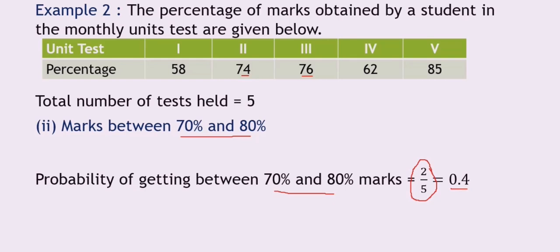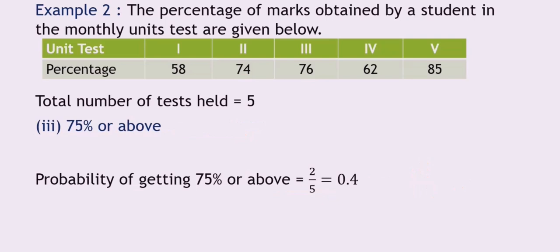Then we move to the third case, that he gets 75% or above. Now he got more than 75 in 2 cases. Can you see? Out of 5 cases, in 2 cases he got 75% or above. So here the probability of getting 75% or above is 2 out of 5.